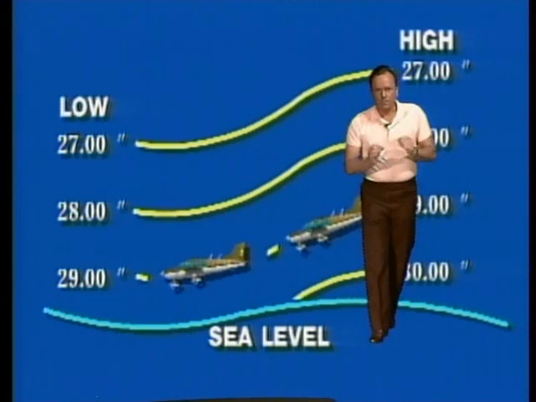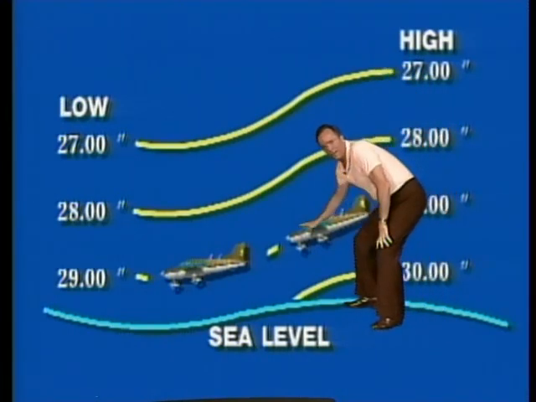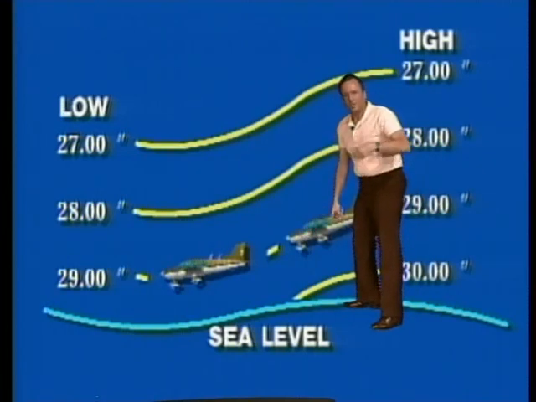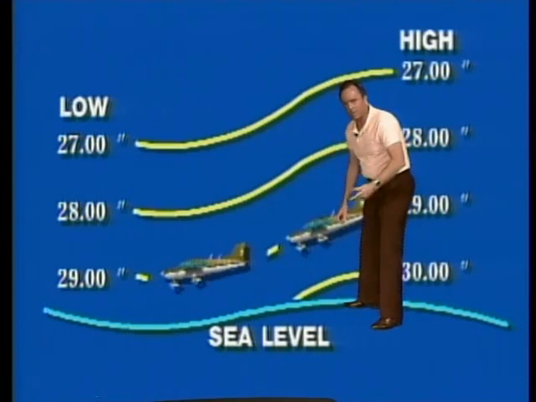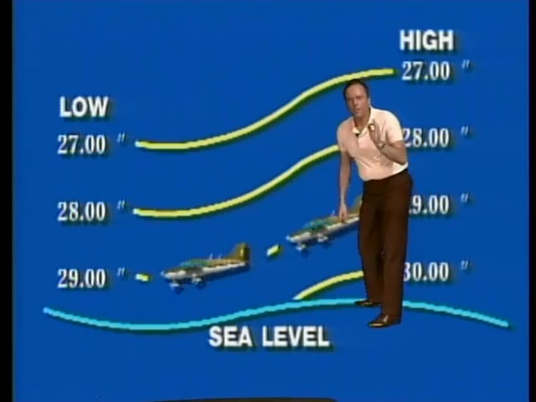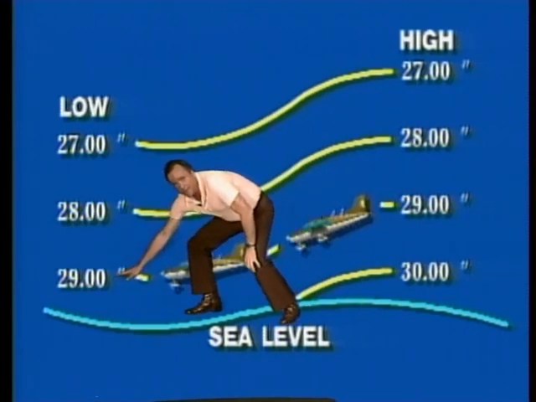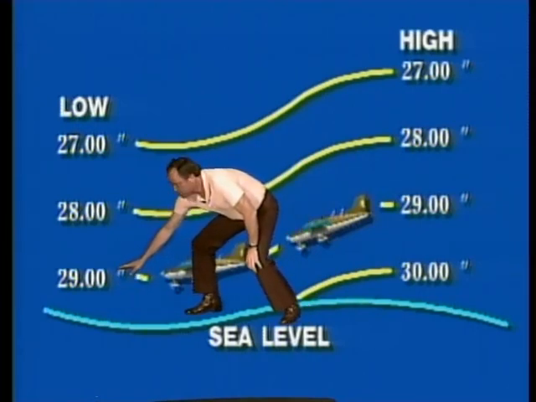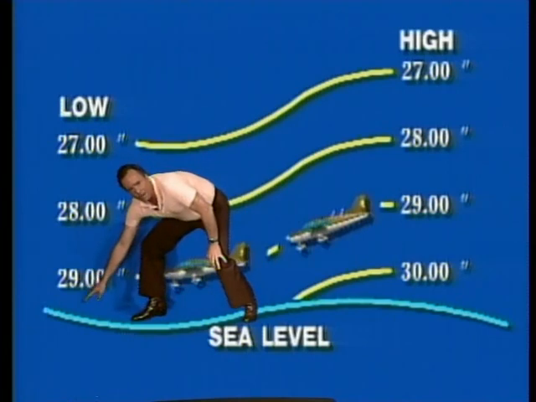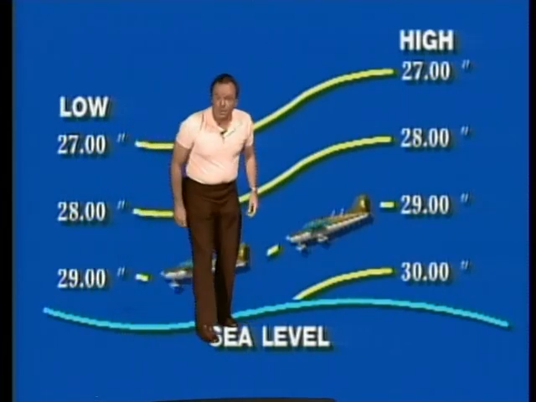Now let's see what happens when you follow this pressure level, and that's what you're doing when you're flying an indicated altitude of 1,000 feet with 30.00 set in the setting window of your altimeter. You're following the 29.00 pressure level. So let's follow that pressure level and fly to an area of low pressure, and you can see what's going to happen. If you get to an area of low enough pressure, eventually the 29.00 pressure level will be right down on the ground, and you're going to be in the trees.